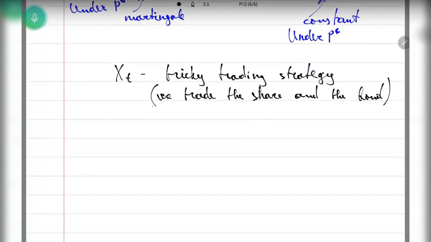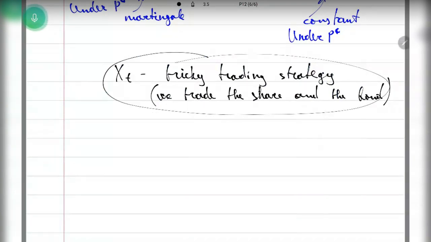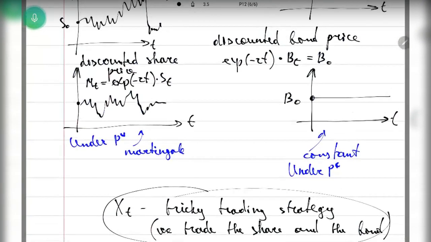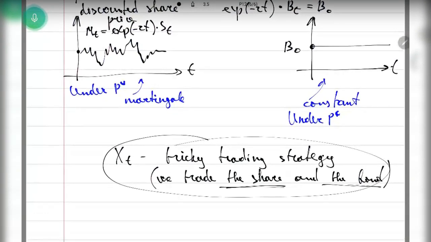Okay, let's continue. So we have a tricky trading strategy. We trade the share and the bond. So we buy 5 shares and sell 7 bonds to cover expenses. After 1 month, we buy 1 more share and we sell the necessary number of bonds and so on. So we consider some trading strategy, but we are trading only the share and the bond.